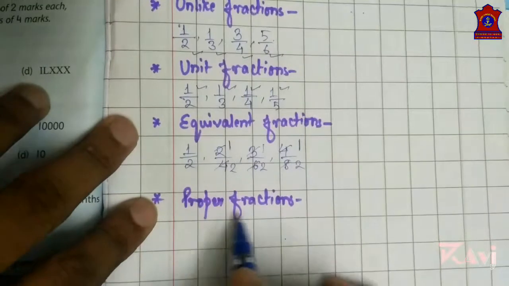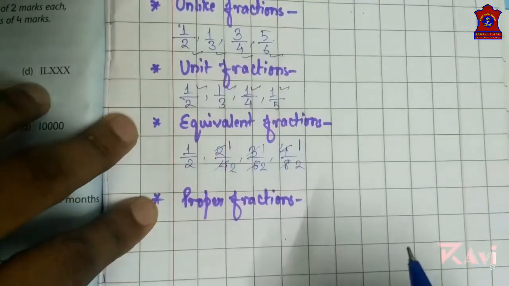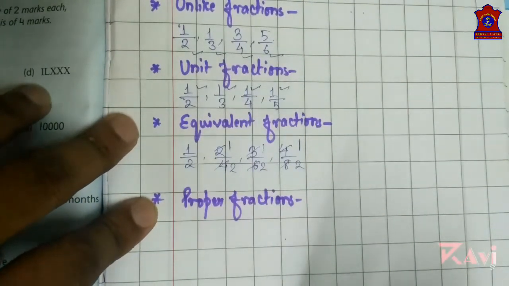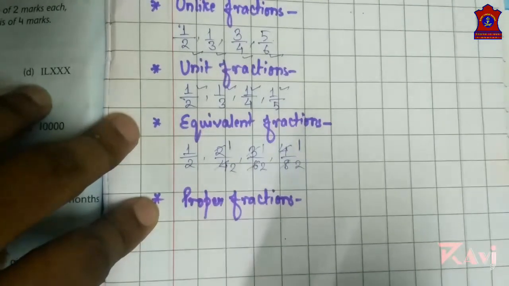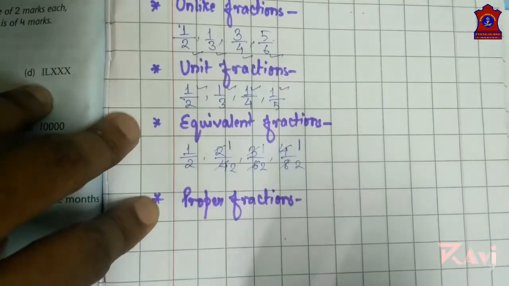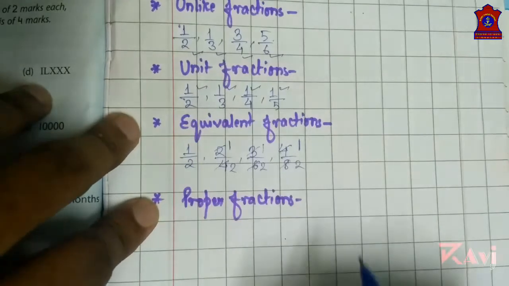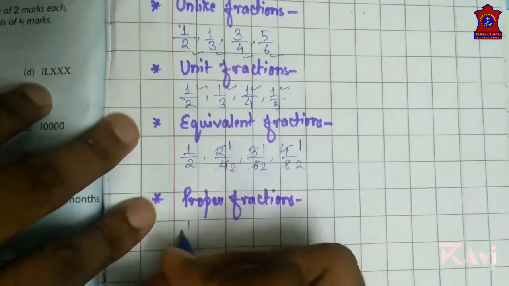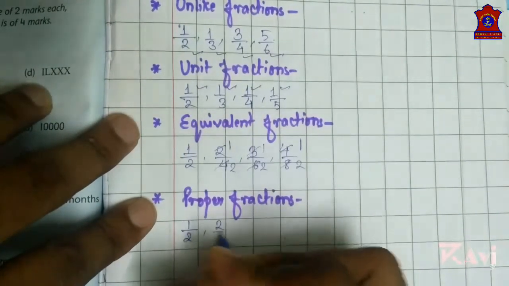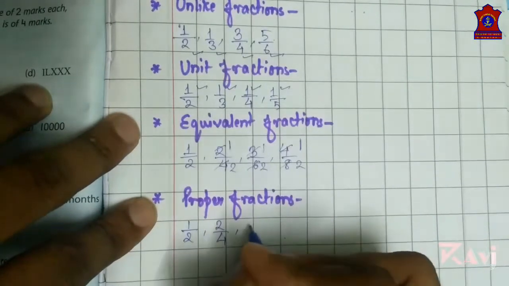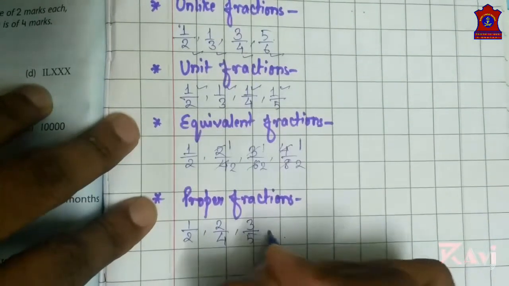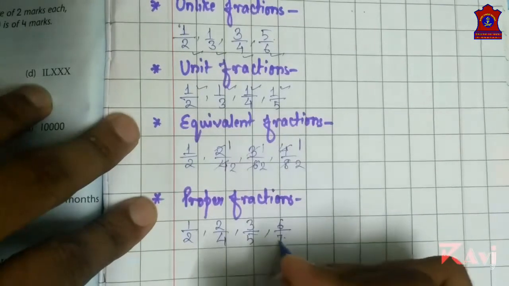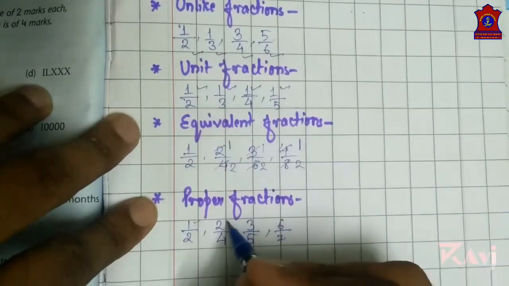Now, proper fractions. What is a proper fraction? When the numerator is less than its denominator, like 1 by 2, 2 by 4, 3 by 5, 6 by 7. Here, look at all the numerators.